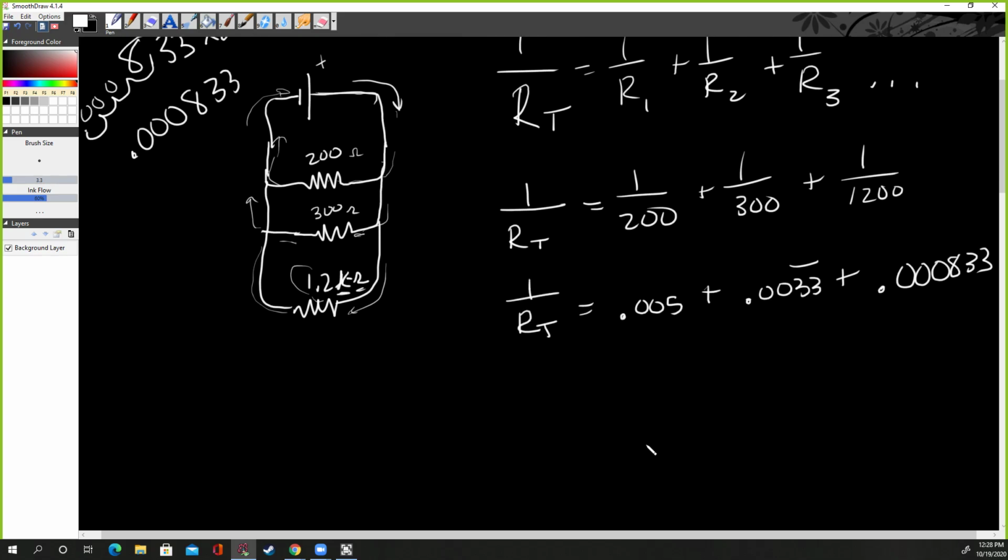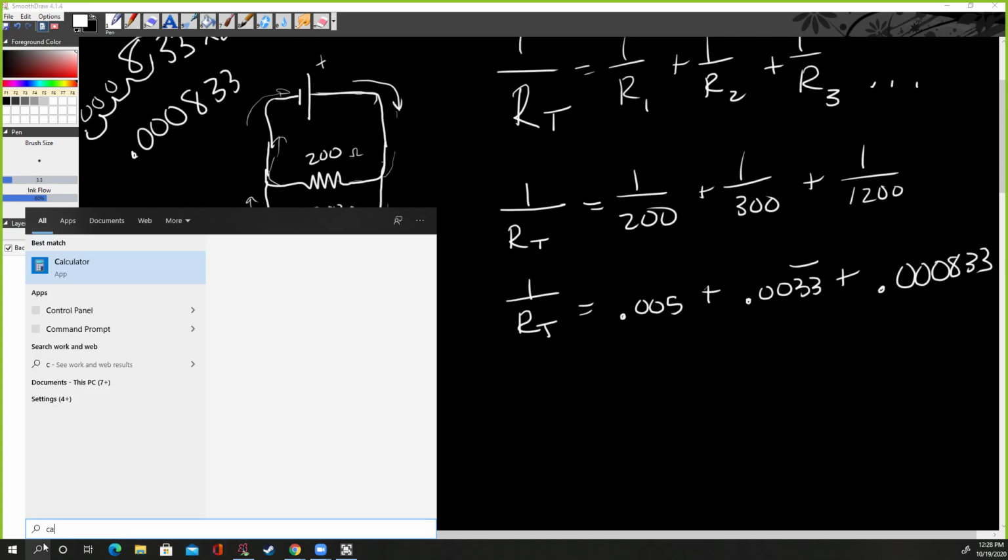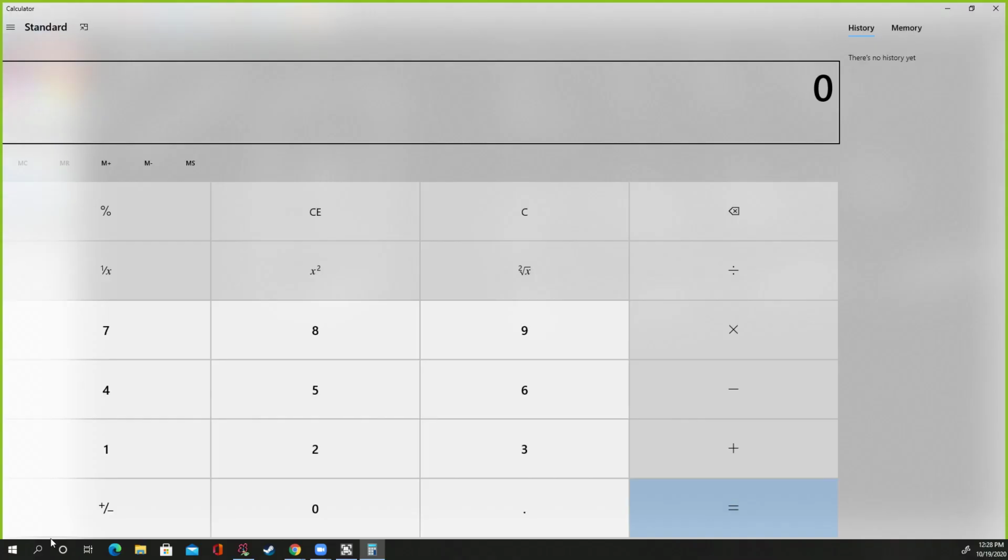Let me scroll up a little bit. And let's add all 3 of these together. Where's my calculator? Did I just make my calculator go away? I have to rewrite that now. All right. So here we go. 0.00. Was there 2 zeros or 3? I think it was 3.